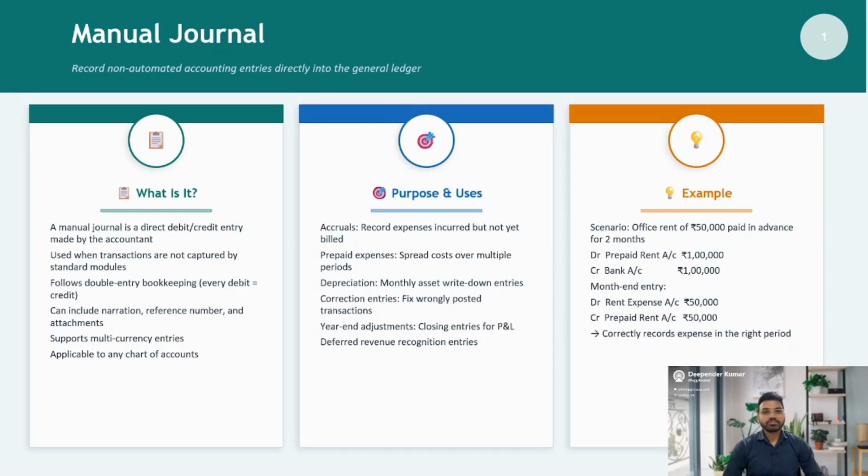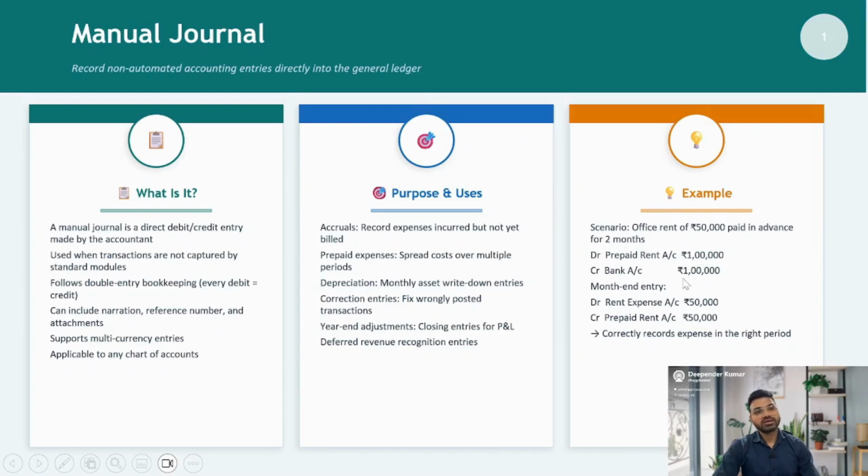Let's assume we paid the rent for 2 months, 50,000 rupees each, equal to 1 lakh rupees. So what entry do we pass first? The first entry will be prepaid account debit 1 lakh rupees to bank 1 lakh rupees.